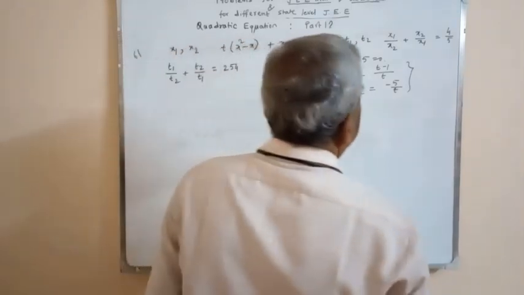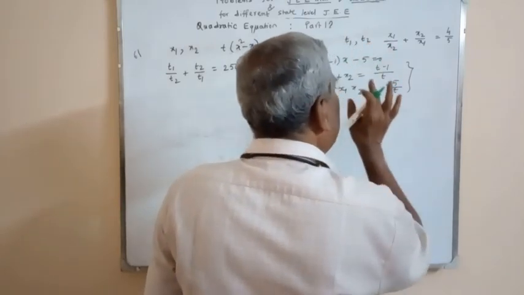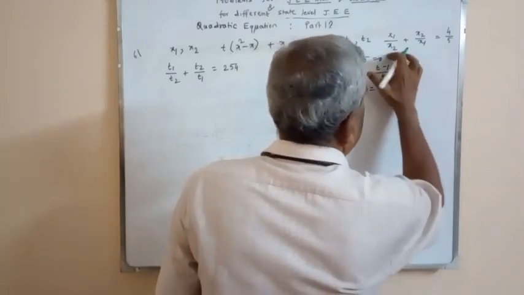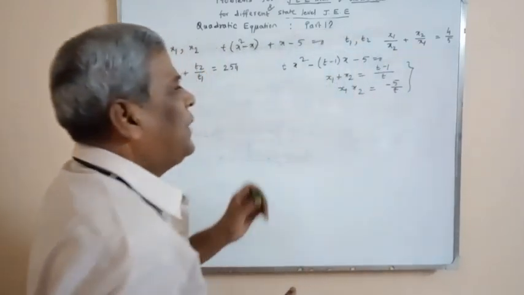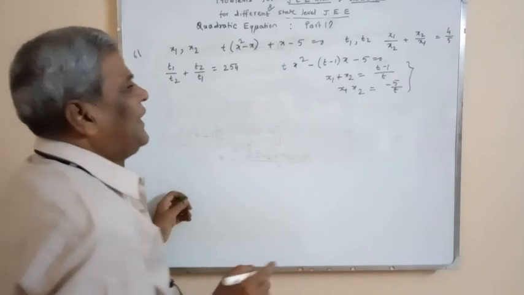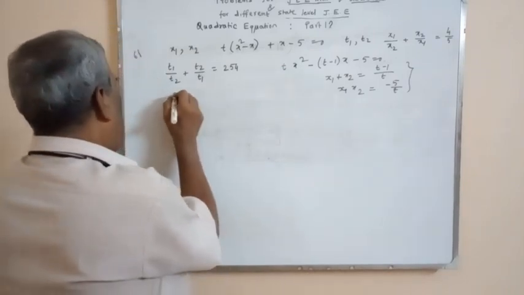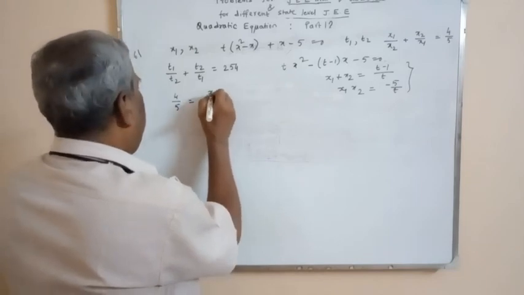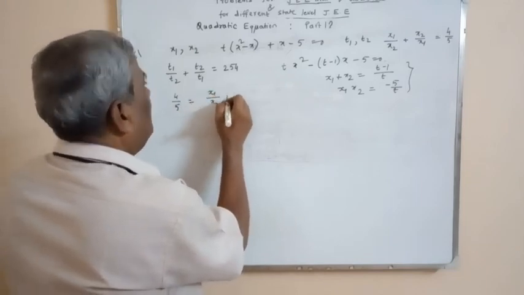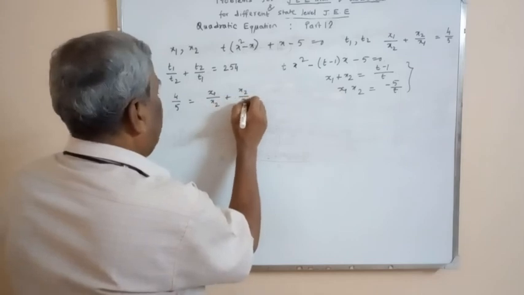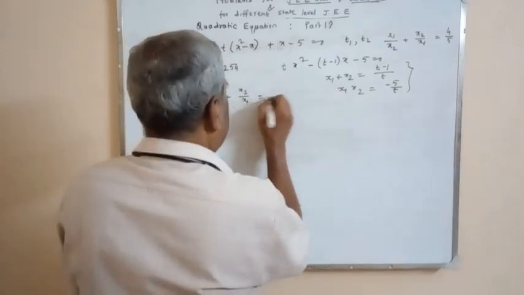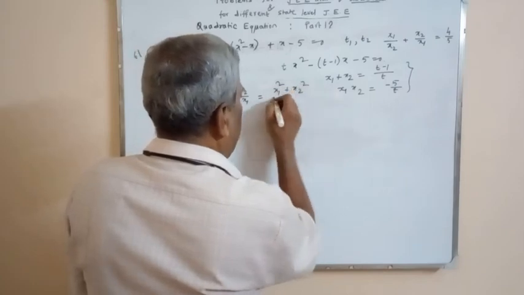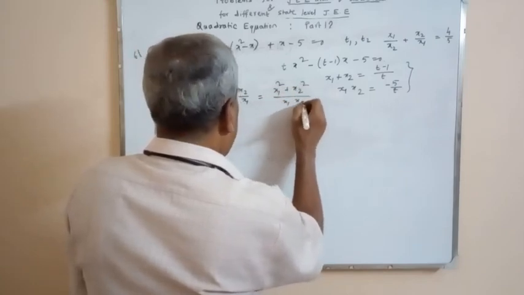Now t is the parameter, and t1 and t2 are the two values for which this is 4 by 5. Now from there, 4 by 5 is equal to x1 by x2 plus x2 by x1 is equal to x1 square plus x2 square by x1 x2.